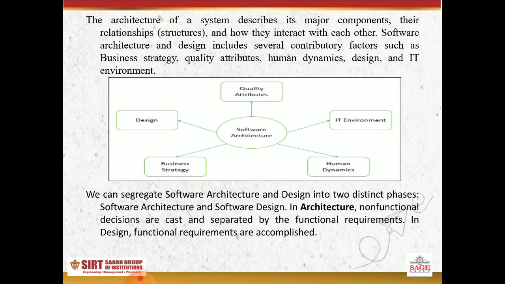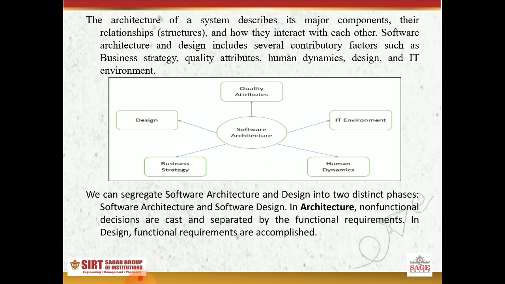Now, we can divide software architecture and design into two distinct phases, software architecture and software design. In architecture, non-functional decisions are cast and separated by the functional requirements. In design, functional requirements are accomplished.